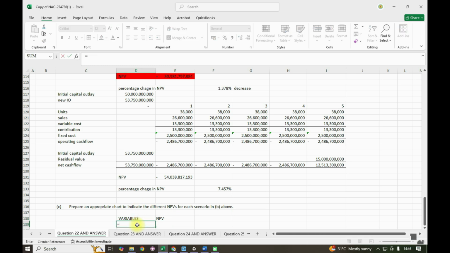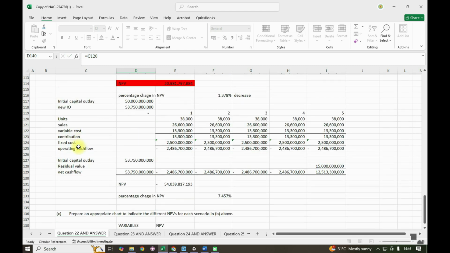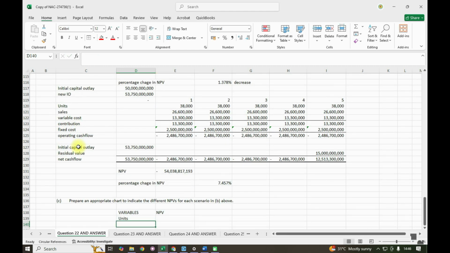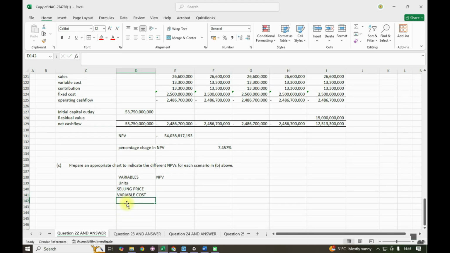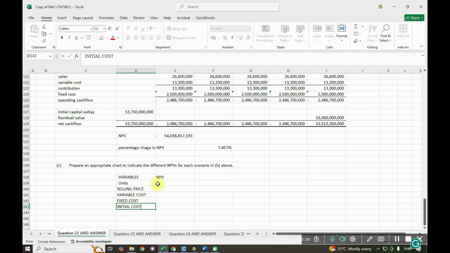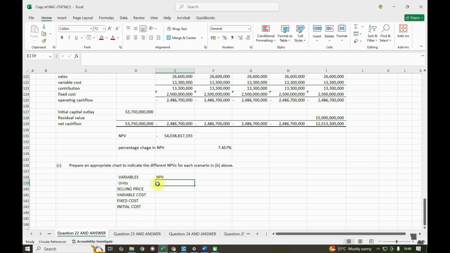Our variables: we have the units, then the selling price, then variable cost, fixed cost, and the initial cost. So those are the variables.